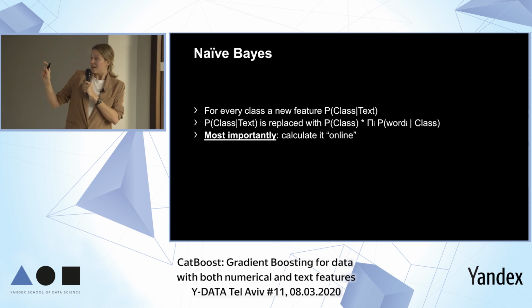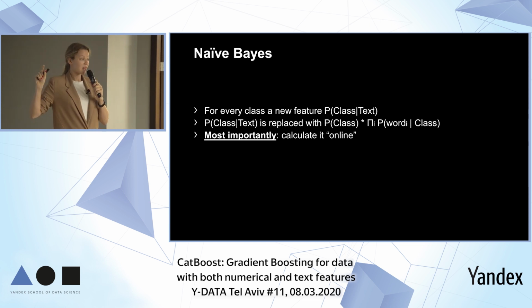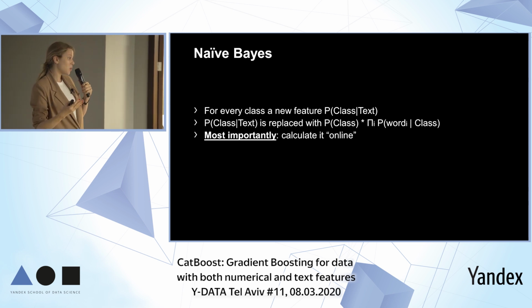That is just using frequencies of the words in a particular class. The important thing here is that if you were using naive Bayes on the whole data set, you would have overfitting, the same way as you had with categorical features. So again, we are doing this in an online fashion.